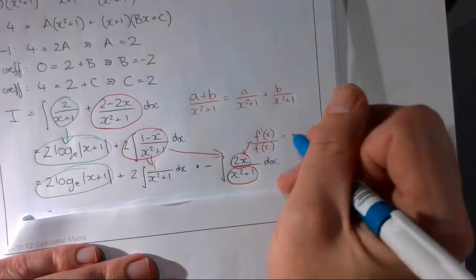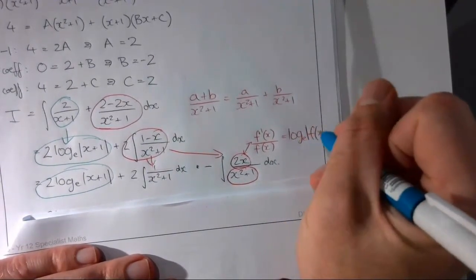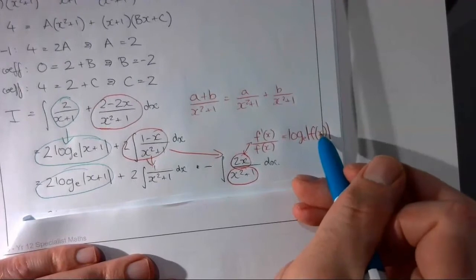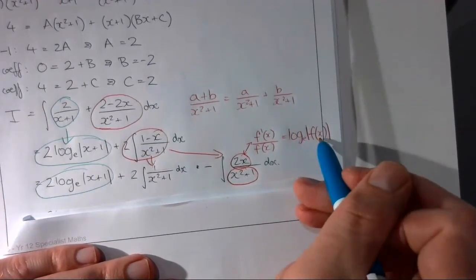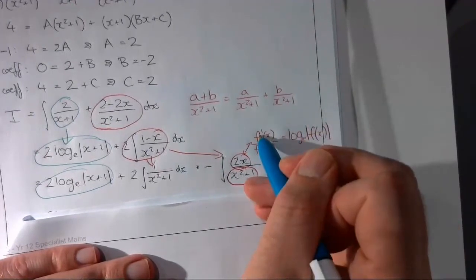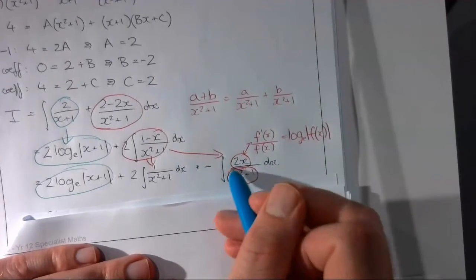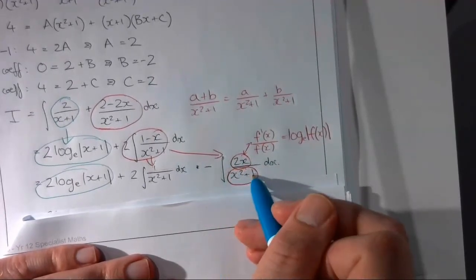And what that means is that the integral is log of f of x. If we think about that for a second, if I differentiate log of f of x, I do 1 over f of x, and then I multiply by the derivative of f of x, which is f dash. And so this here is going to integrate to log of x squared plus 1. Simple as that.